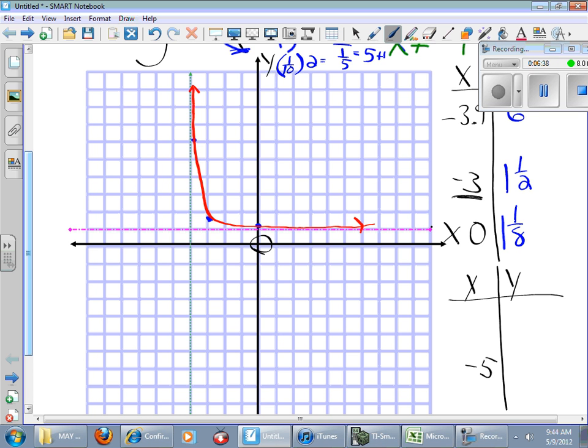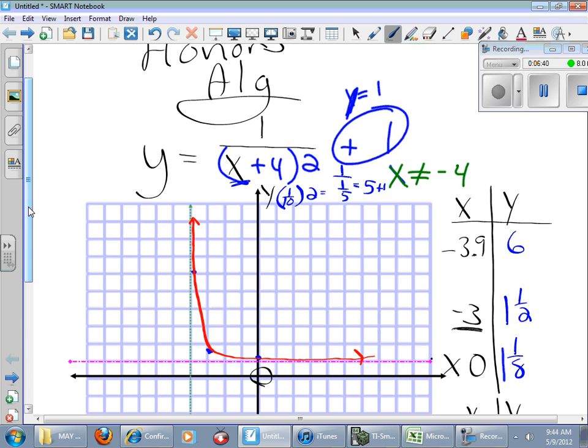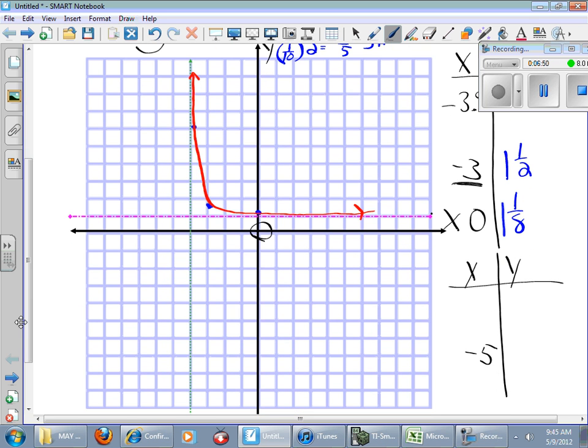Now watch what happens when I plug negative 5 in. Negative 5 plus 4 is negative 1, times 2 is negative 2, 1 over negative 2 is negative 1/2. Negative 1/2 plus 1 is 1/2. Okay, so at negative 5, I'm going to be at 1/2, half a unit below the asymptote.